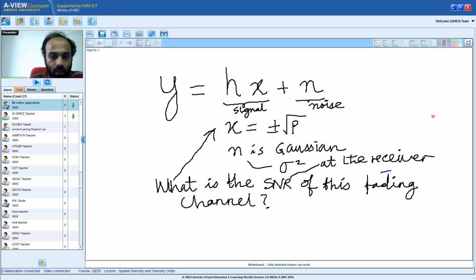Signal power by noise power. But that is what I'm asking: what is the signal power? What is the noise power at the receiver?